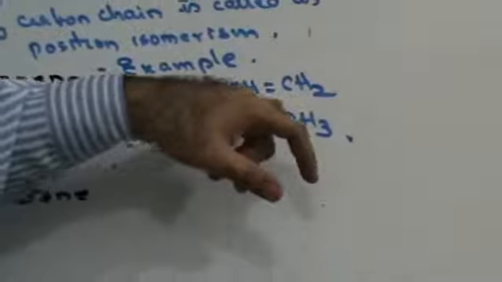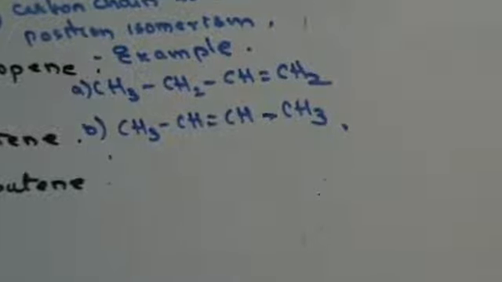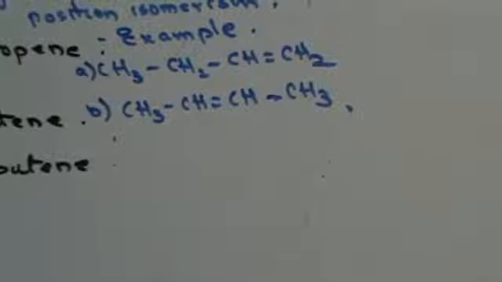In both the cases, this is butene. Sorry, the first one should have a single bond there. Here, the double bond is attached to the first carbon atom, and in the other case, the double bond is attached to the second carbon atom. This is called position isomerism. Here, isomerism exists because of the difference in the position of the double bond in the same chain. So this is positional isomerism.